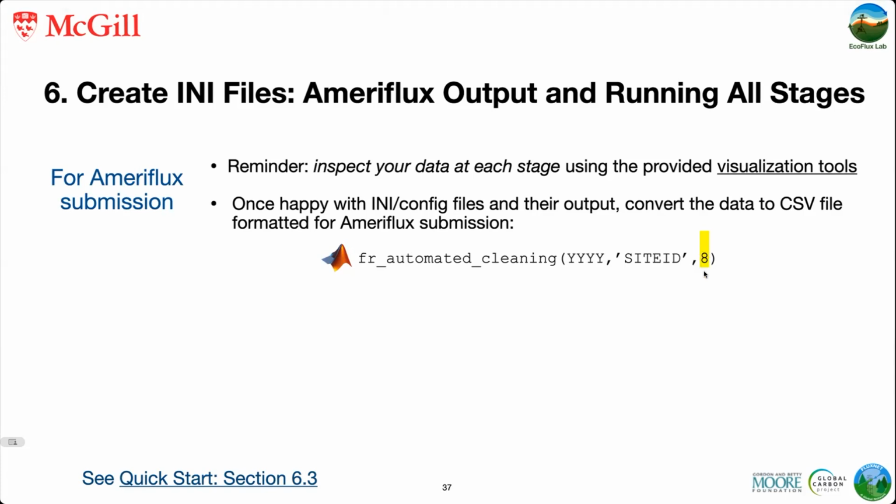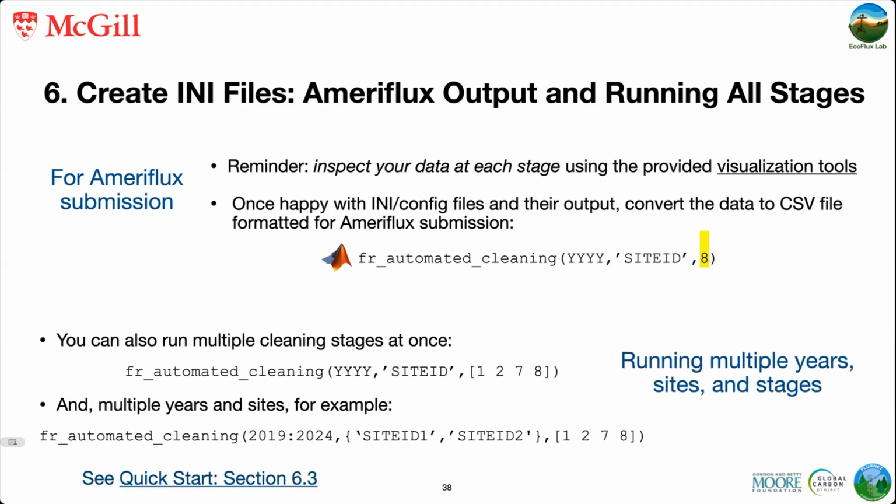So the 8 is for the AmeriFlux conversion. And very conveniently, this command you can also use for running multiple stages. So this is how I would run all of those stages that we've just talked about: first, second, third, AmeriFlux. And you can also add multiple years and sites, and that's what the syntax would look like for that.